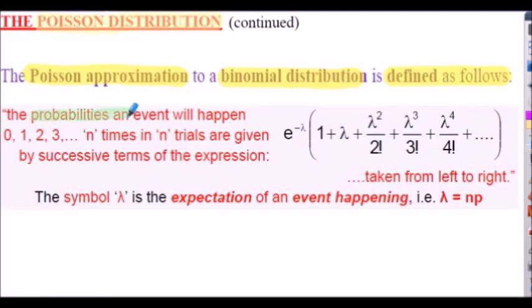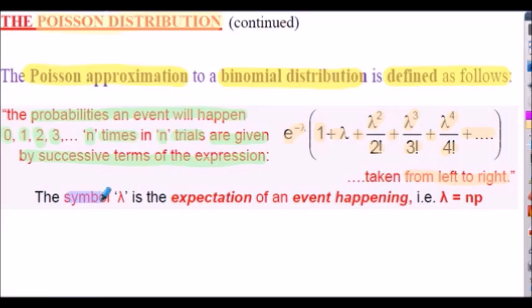The probabilities an event will happen, not at all, once, twice, 3 times, n times, in n trials, are given by the successive terms of the expression shown here on the right: e to the negative lambda multiplied by the bracket of 1 plus lambda plus lambda squared divided by factorial 2 plus lambda cubed divided by factorial 3 plus lambda 4 divided by factorial 4, etc. And these probabilities are considered from left to right.